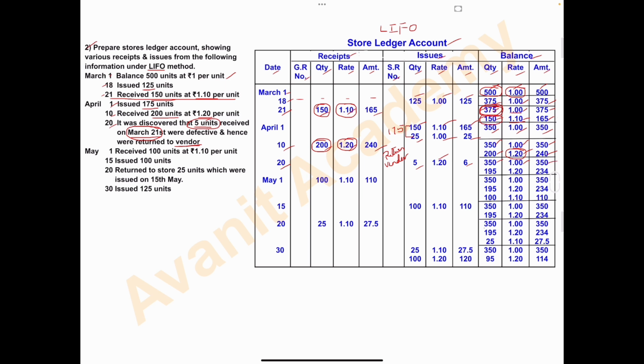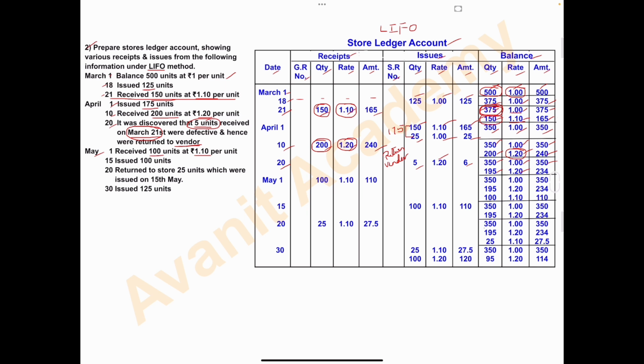From this 200 minus 5 units, the remaining quantity is 195. Rate per unit is 1.20. 195 into 1.20, amount is 234.